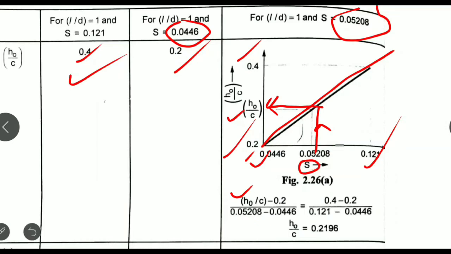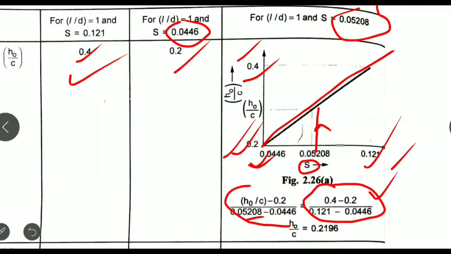If I take H0 by C minus 0.2 on the y-axis, I need to take 0.05 minus 0.0446 on the x-axis. Equal to, now on the y-axis again the max limit 0.4 minus 0.2, and on the x-axis the max limit 0.121 minus 0.0446. So I put these values. This is the left side, and the right side I am going to equate.